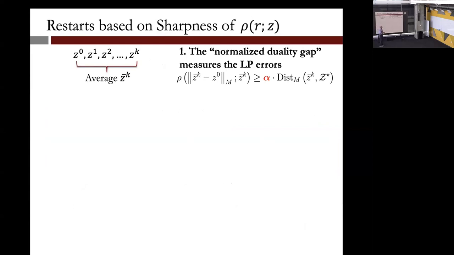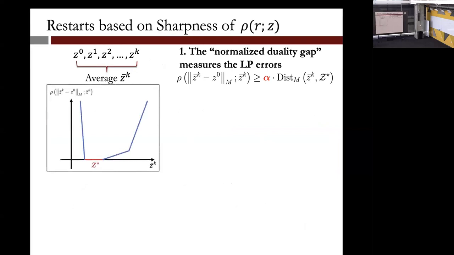And I'm going to presume that my normalized duality gap has a nice growth property. So I'm just going to show you what that property looks like. Okay. So here's my normalized duality gap. Think of it just as a measure of non-optimality, that's taking into account objective function gaps, infeasibility of primal and infeasibility of dual.